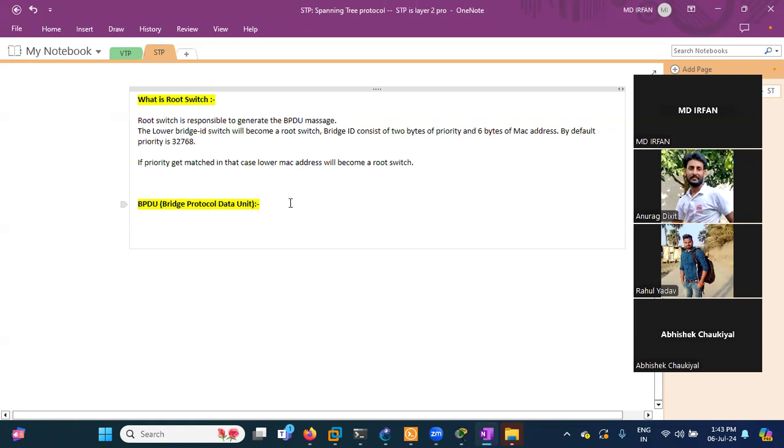The root switch always sends or generates the BPDU, or you can say hello BPDU, every 2 seconds.